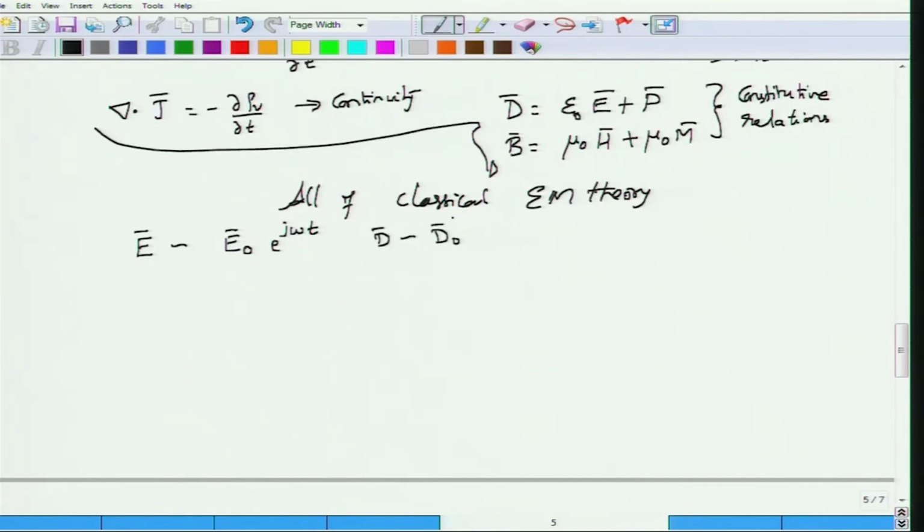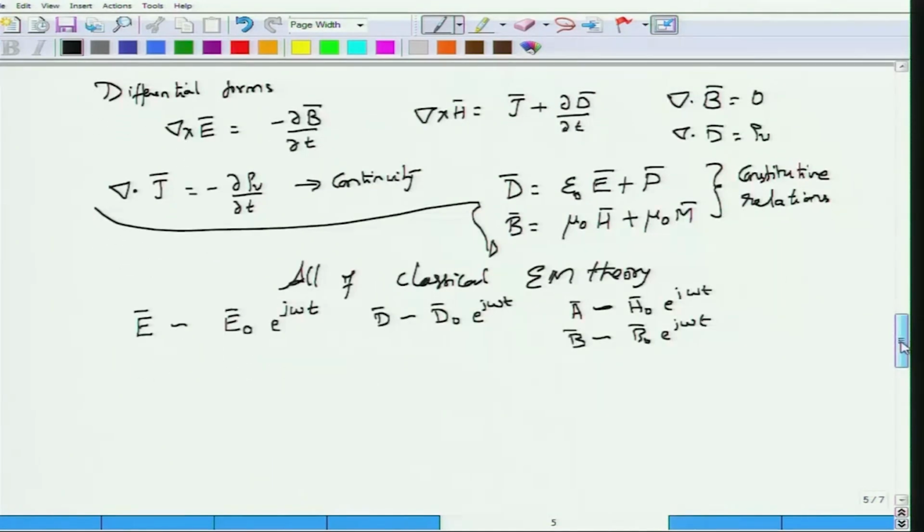So, D will also be pointing in a direction, but it would be varying with the same frequency. H and E would also be varying as H0 e power j omega t, and B would also be varying as B0 e power j omega t. In this case, what will happen to the differential form equations?